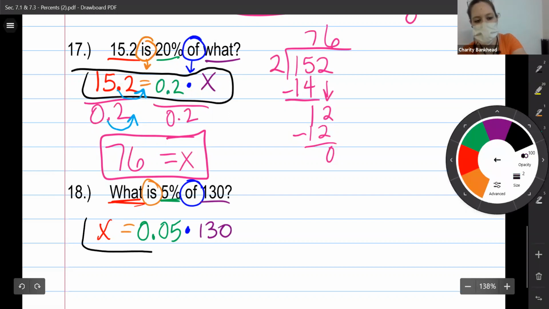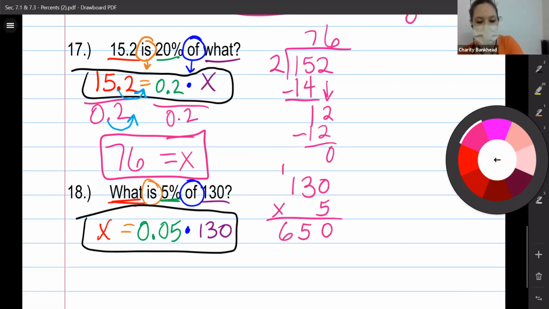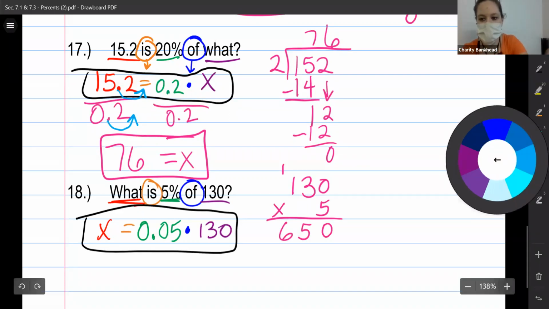Okay, so that's my equation. So to solve it, all I have to do is multiply. So 130 times 5 is 650. And I need 2 of those digits to be after the decimal point. So that means it's going to be 6.5.